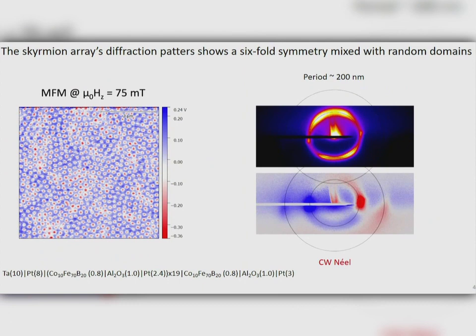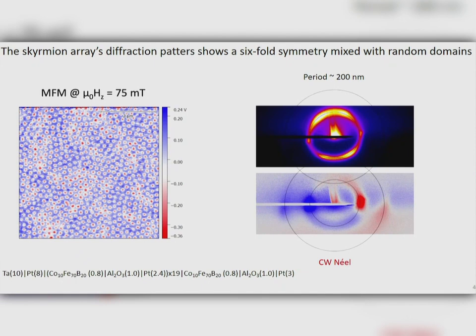So this is an MFM image of the skyrmions that we got at 75 millitesla. And from the information, you can see that we have this 6-fold symmetry. And because this is in reciprocal space, it is telling us that in a lot of parts of my sample I have a honeycomb array of 6-fold symmetry, which is something that you can see, for example, in some places.